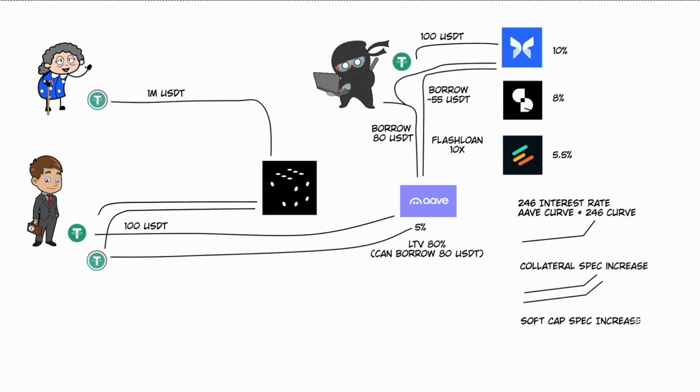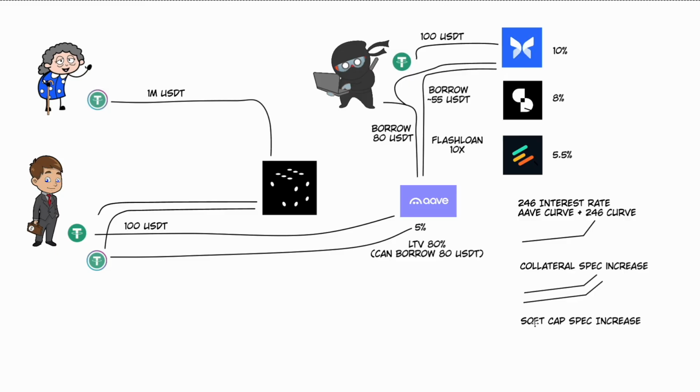There are also soft cap increases. So each individual market has its own capacity. So the 246 will not allow 100% of all of the USDT borrowable to be sent to a single place, right?